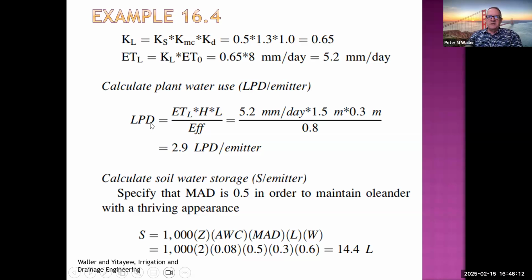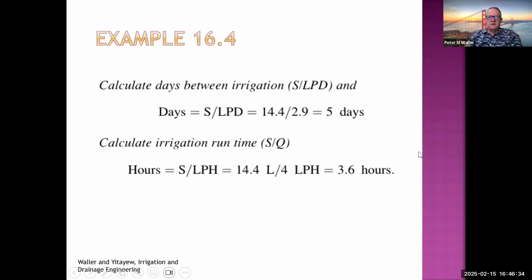And then the liters per day for the area of one emitter is 2.9 liters per day. Without putting the efficiency down here, I think it's 2.3 liters per day. And then the soil water storage, again, we just use the distance between emitters and the wetted width of the emitter. So the storage is 14.4 liters. So then the days between irrigations is the storage over the liters per day, or 5 days.